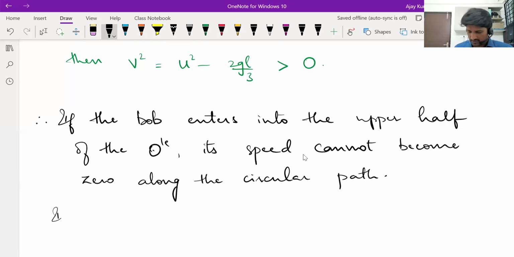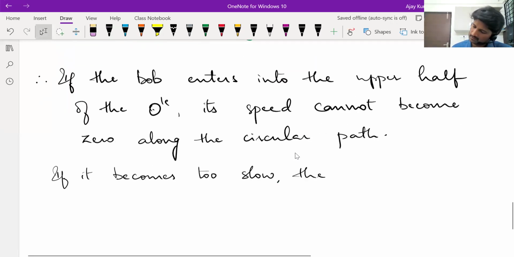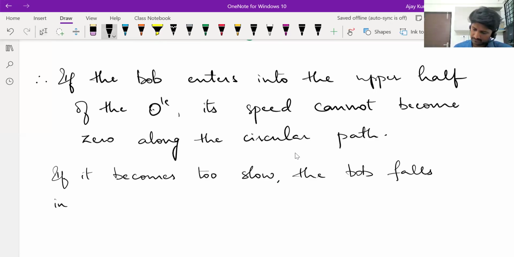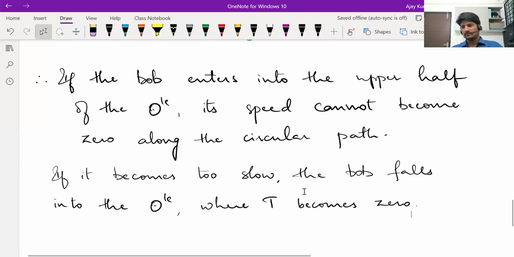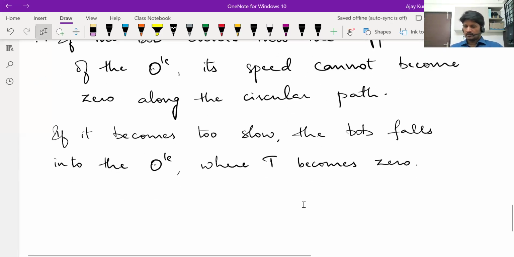You can also say if it becomes too slow, the bob falls into the circle where tension becomes 0. Okay, you can make use of those functions and prove that when tension becomes 0, speed is still greater than 0. That is what we have done.